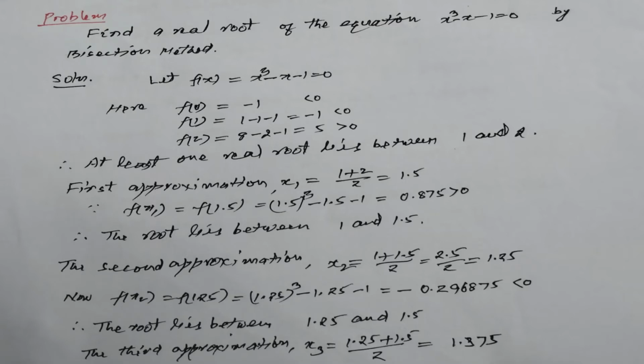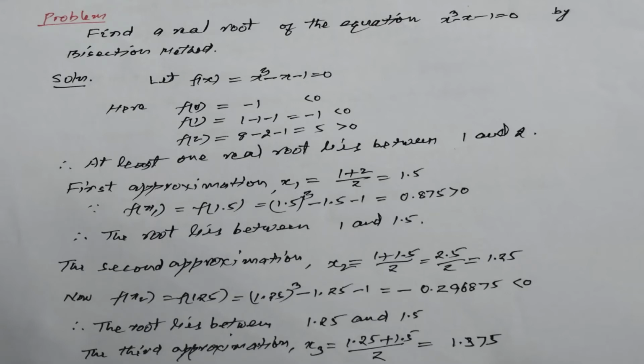That means the equation has two negative roots or complex roots. Here it is clear that at least one root is real.